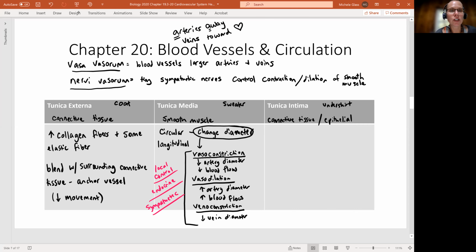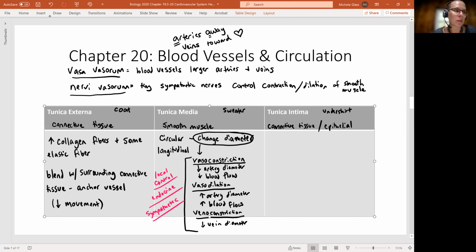And then last we have our tunica intima. Tunica intima. It's like our undershirt. So this is the innermost lining of our blood vessel. Here, let's start with the basement membrane. This is going to be the connective tissue layer.